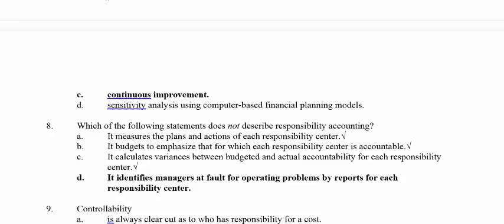The answer is D, because responsibility accounting does measure the plans and actions of each responsibility center. It does budget to emphasize that for which each responsibility center is accountable, and it does calculate variances between budgeted and actual accountability for each responsibility center. And again, we're going to focus on our variances after we finish Chapter 6.